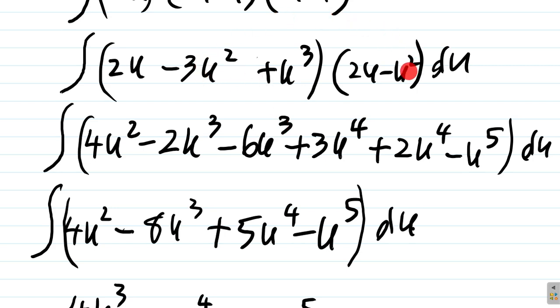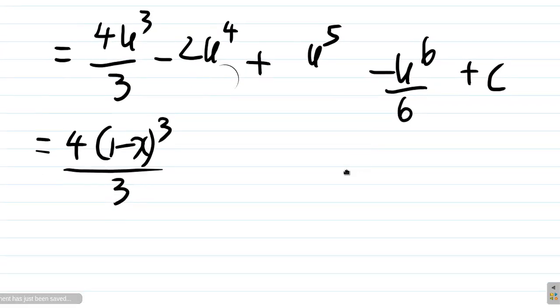Negative 3u squared times negative u squared, positive 3u to the fourth. And this is positive 2u to the fourth. Good. Multiply these, you get negative u to the fifth. Okay, good. Just checking something. So let's go back here now.